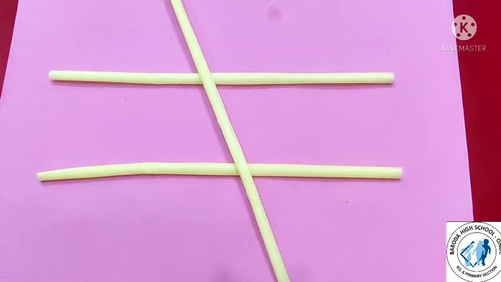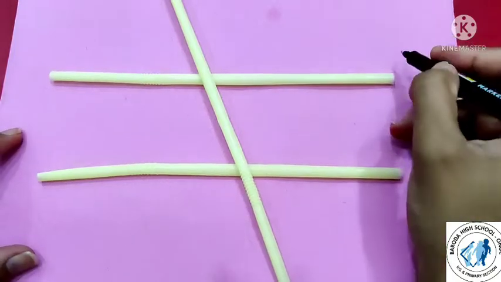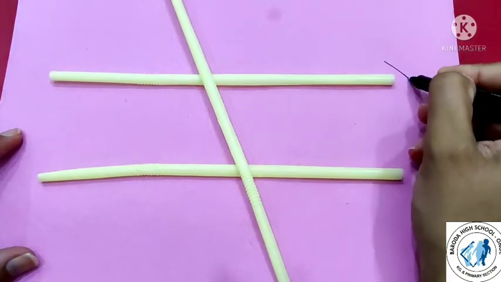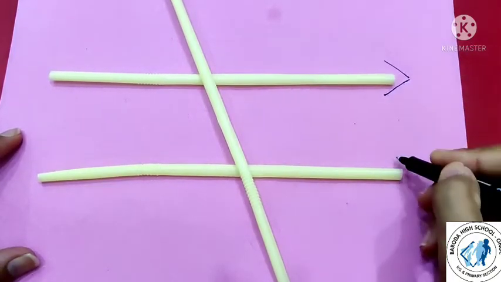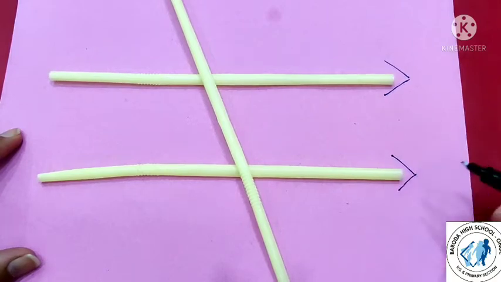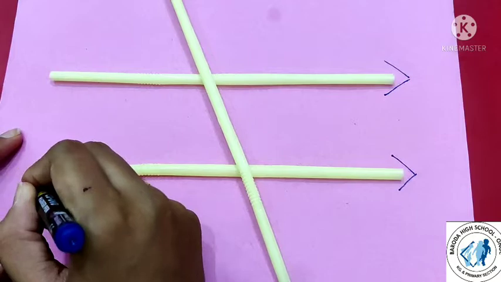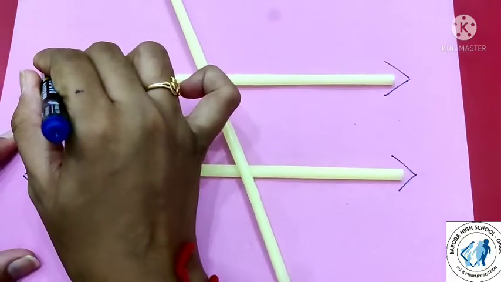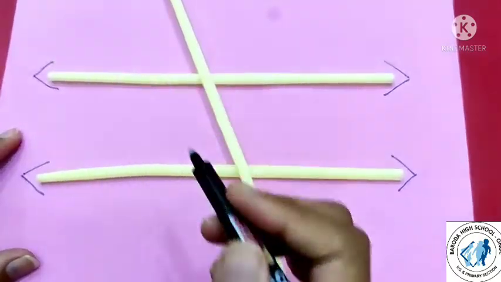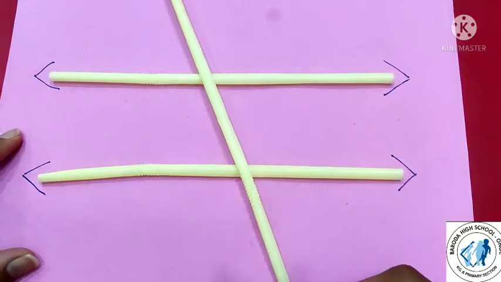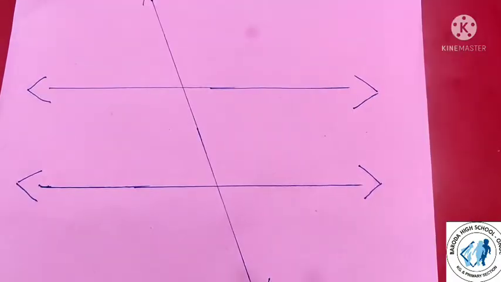For convenience, let me mark these lines with an arrow, so I can trace them with a ruler and fix my places accordingly for you. So here I have marked the rays. Here I have traced all the lines like this.